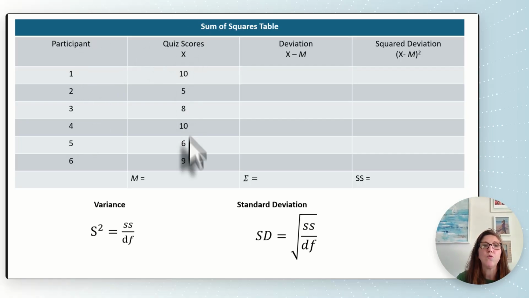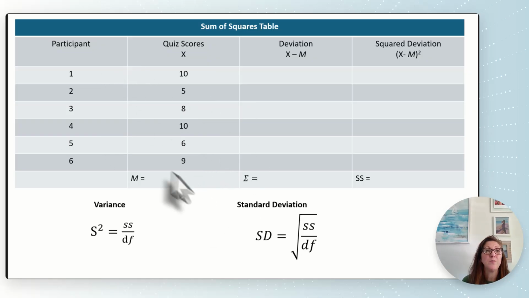We have our quiz scores. At the bottom, we're computing our mean of quiz scores. Then we're getting each score's difference or distance from the mean, so that's our quiz score minus the mean. Then we do that for each participant. We sum that, which should be 0, and then we square our deviations, and then we sum those squared deviations. So let's go through that process.